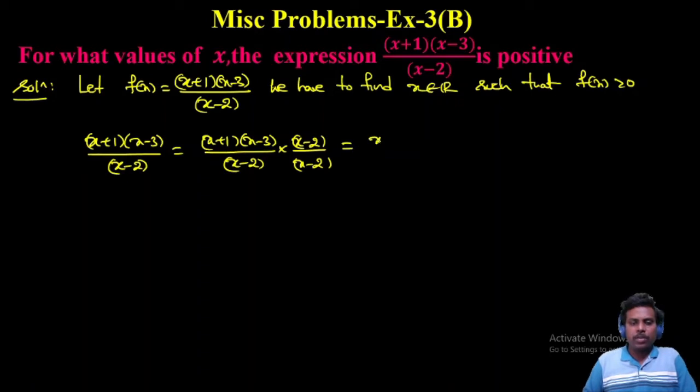So this becomes (x plus 1) into (x minus 2) into (x minus 3) divided by (x minus 2) whole square.